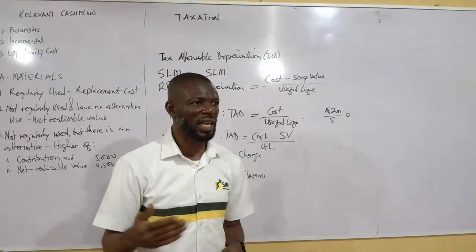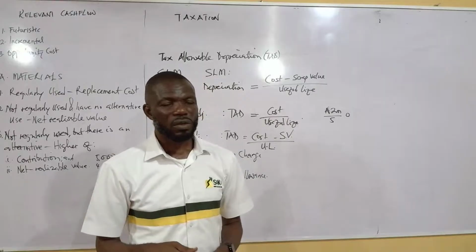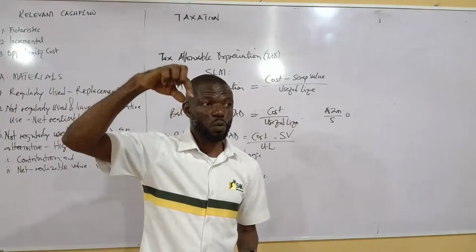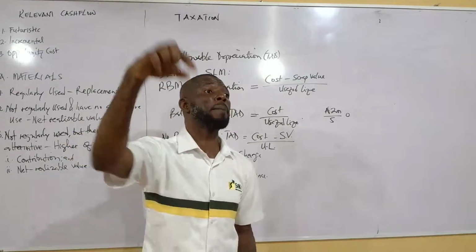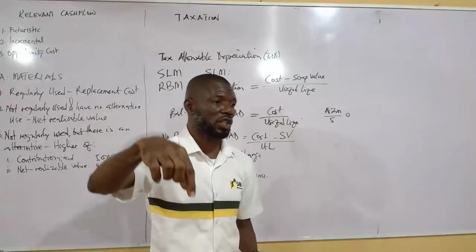Sales proceeds is what you are selling it for. So that difference will be subjected to tax called balancing charge.